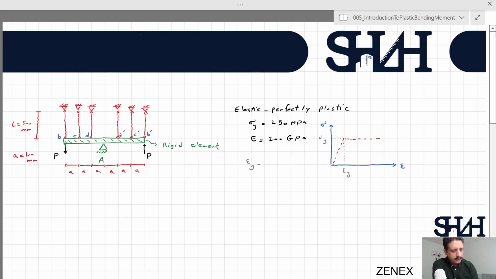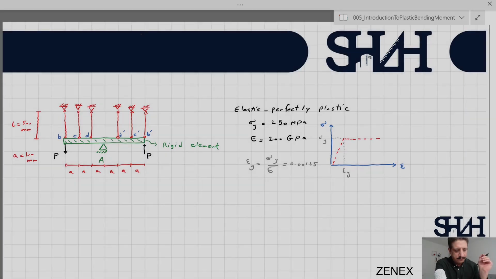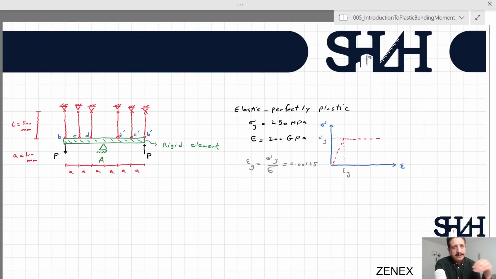So epsilon y will be sigma y divided by E, 250 divided by 200 gigapascal, so it will be 0.00125.